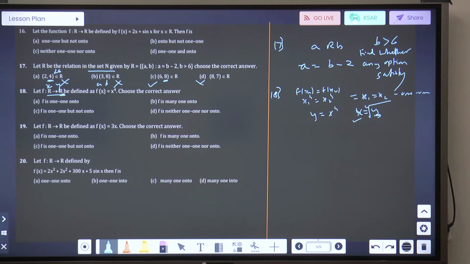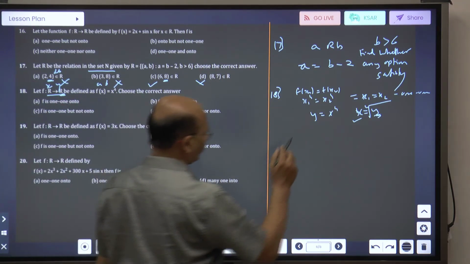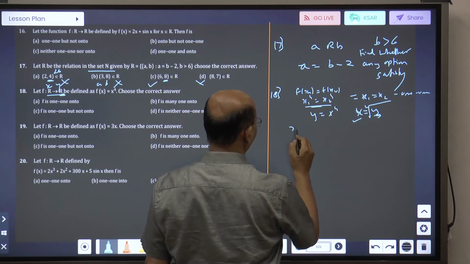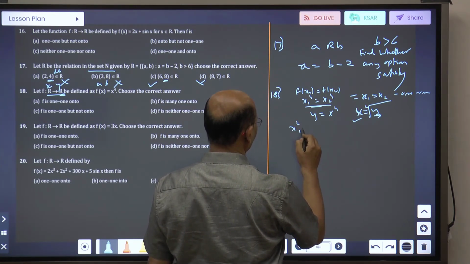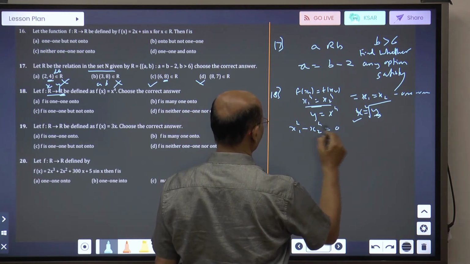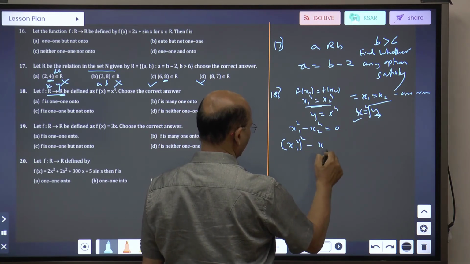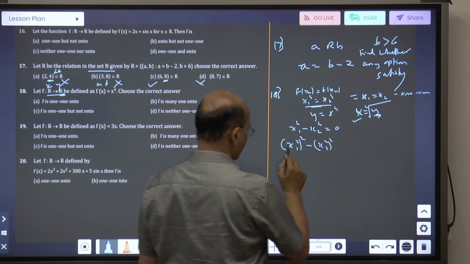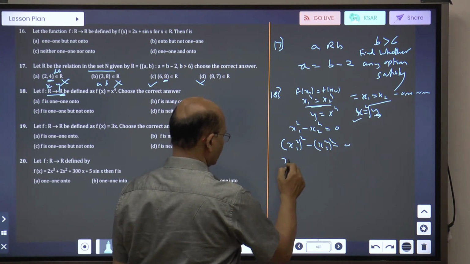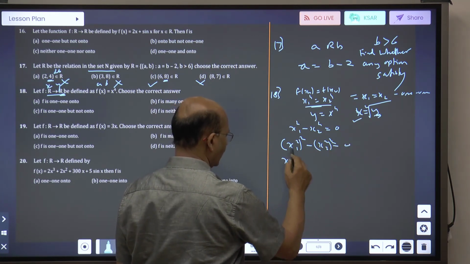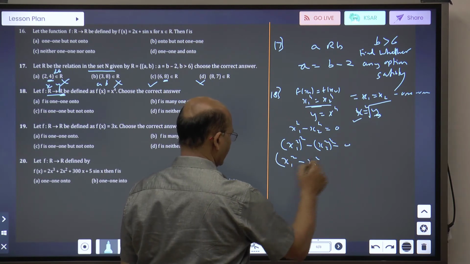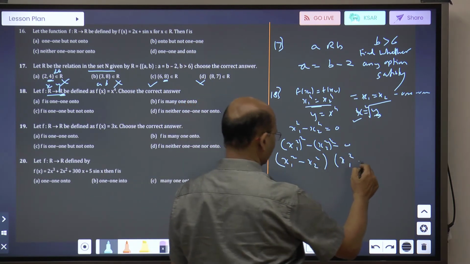Let me see. Fourth root, okay, it's not square, right? It's not square. One minute. So hold on. Now in this case, x1 to the fourth minus x2 to the fourth is equal to 0. So I can say x1 square minus x2 square, so a square minus b square is (a minus b) into (a plus b).